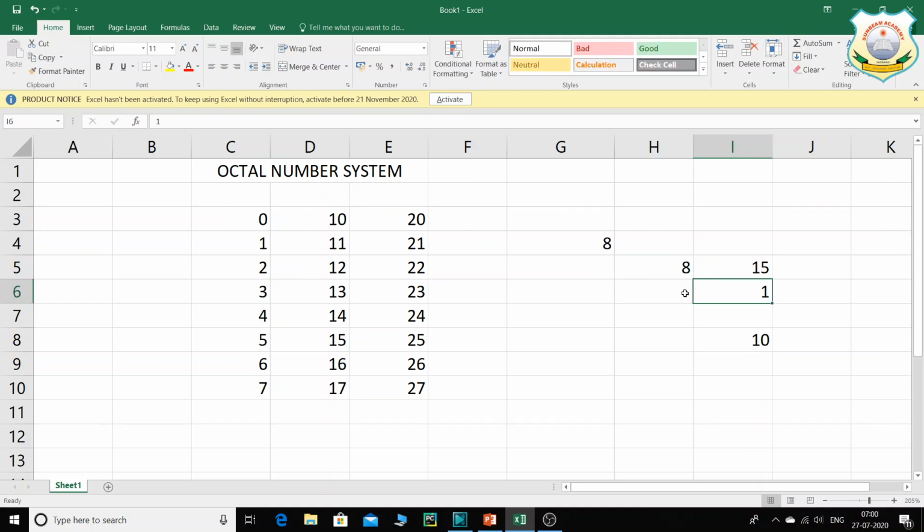Ones are 8, I cannot divide it by 2. So if I divide it by 8, what is the remainder? The remainder will be 7. So 7, and then again 8 is not divisible, and then it will be 1. So what is the answer for this? It is 17, isn't it?